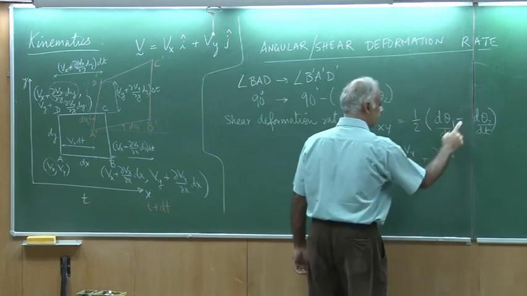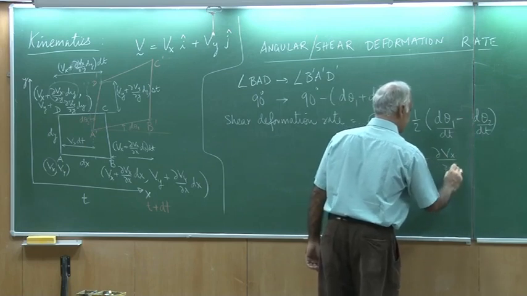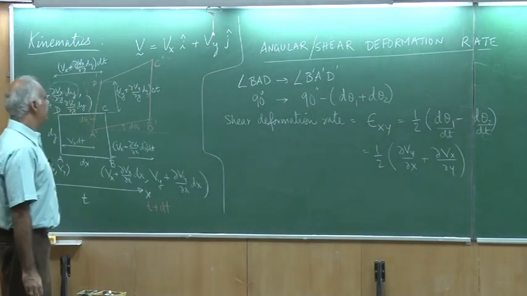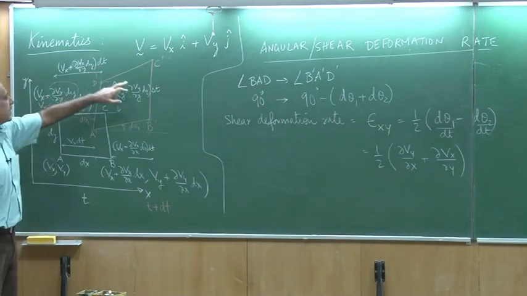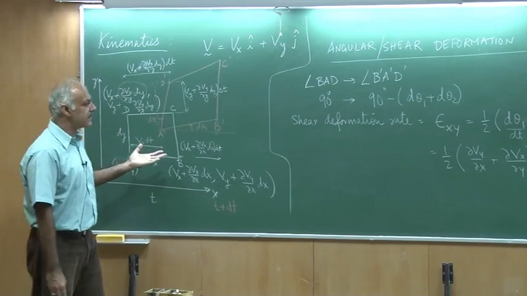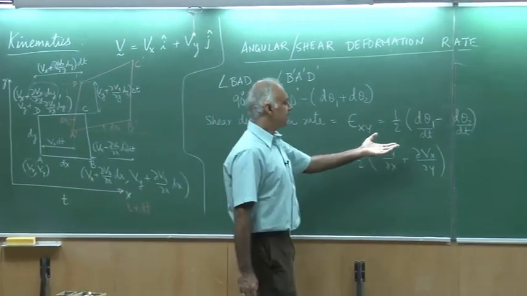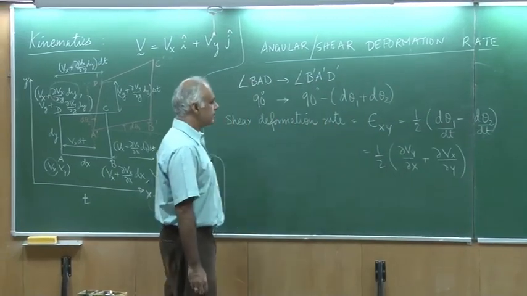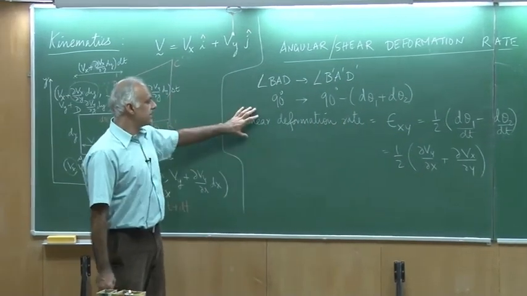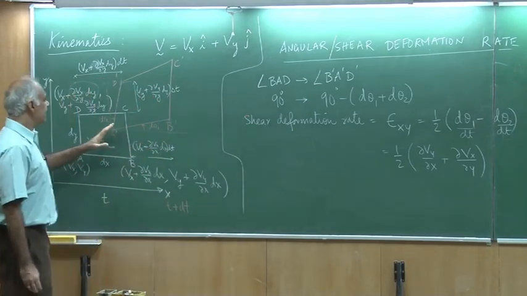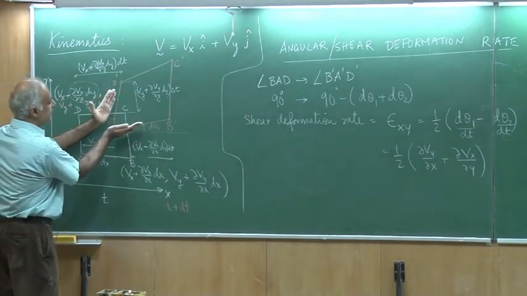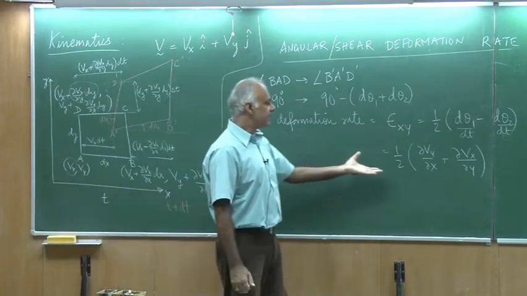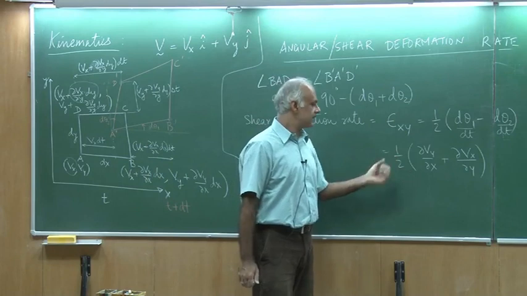So this was negative, and negative and negative make it positive, and this would be del Vx by del y. And of course, there is a time delta t which will cancel out when I divide by this time delta t, in the limit going to 0. So, what we have been able to show is that the shear deformation rate, that means the rate at which this angle is narrowing, is on an average given by this quantity over here.